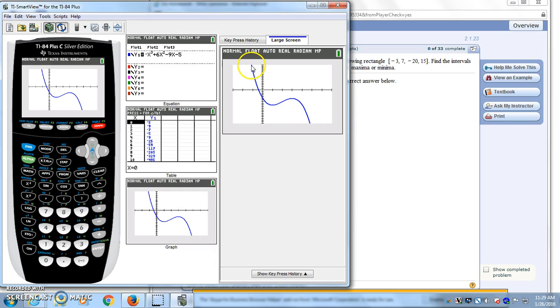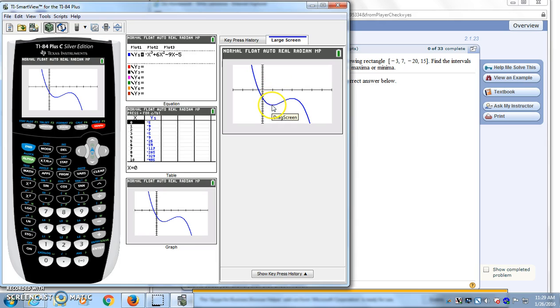So if we start on the left side of this graph, the x value on the left side of this graph is negative infinity. So as far left as I could possibly go is negative infinity. And when I start following this graph, I'm going down, which means it's decreasing. So from negative infinity until right here, which is an x value of 1, this graph is decreasing.